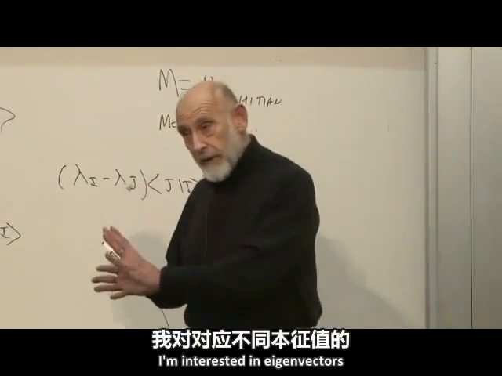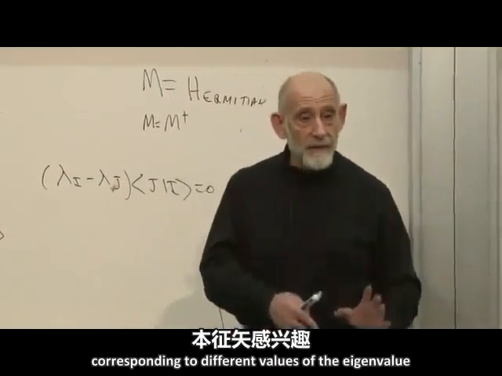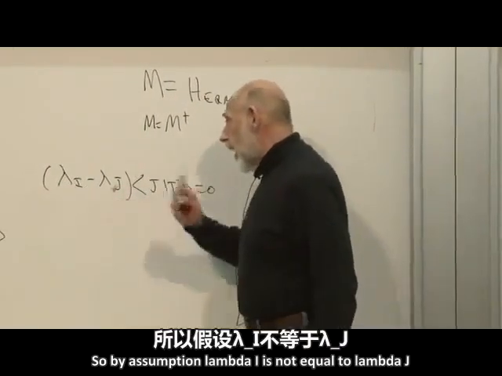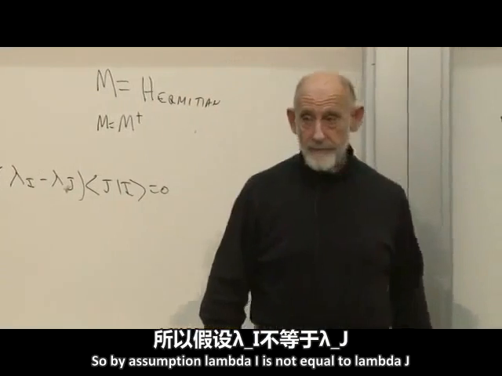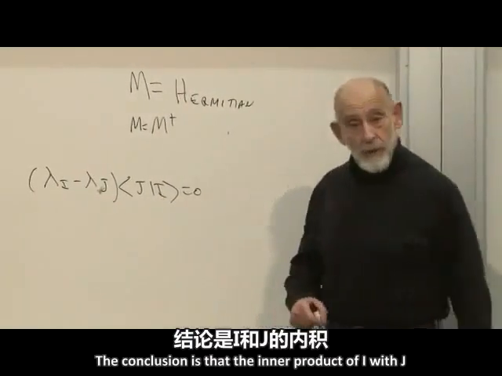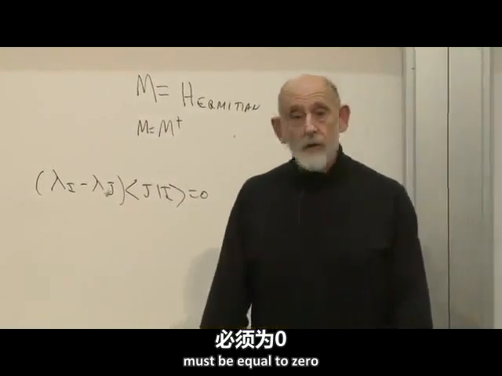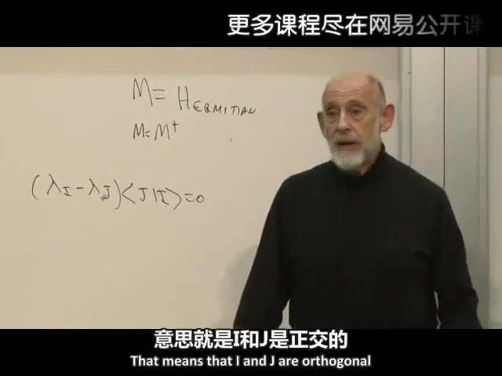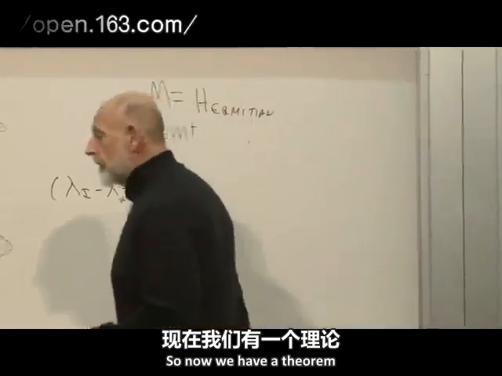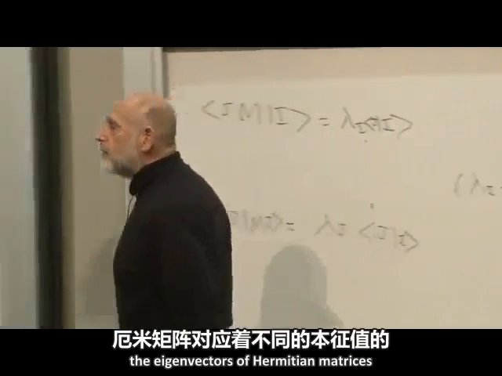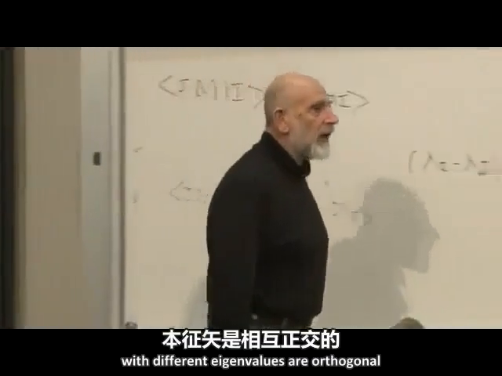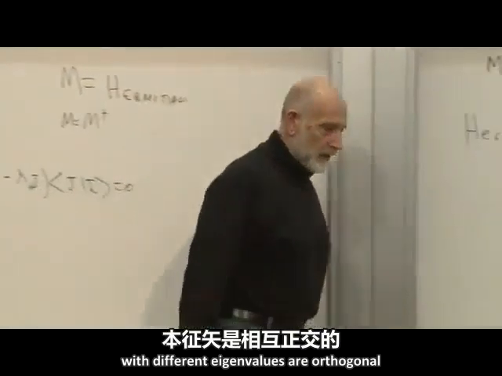I'm interested in eigenvectors corresponding to different values of the eigenvalue. So, by assumption, lambda I is not equal to lambda J. The conclusion is that the inner product of I with J must be equal to 0. So what does that mean? That means that I and J are orthogonal. So we now have a theorem. The eigenvectors of Hermitian matrices with different eigenvalue are orthogonal.